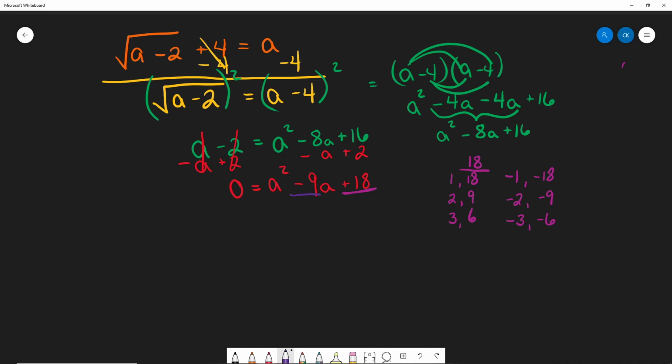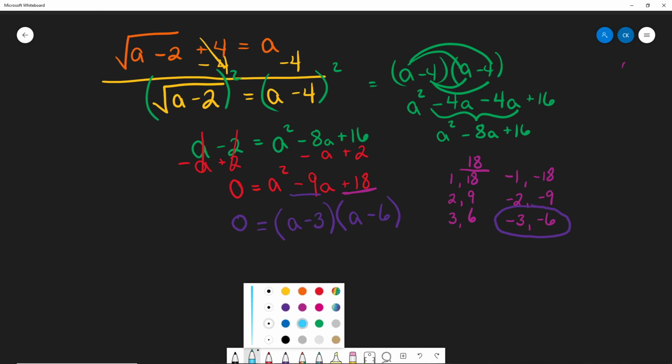And when I go through all the pairs, this pair right here, negative 3 plus negative 6, that's going to get me negative 9. So that means that this whole trinomial can factor to be a minus 3 because of the first one, and then a minus 6 because of the second one. Now again, it still equals 0.